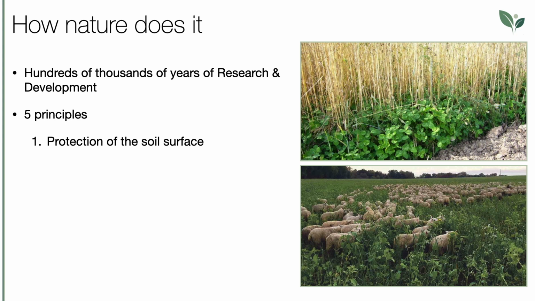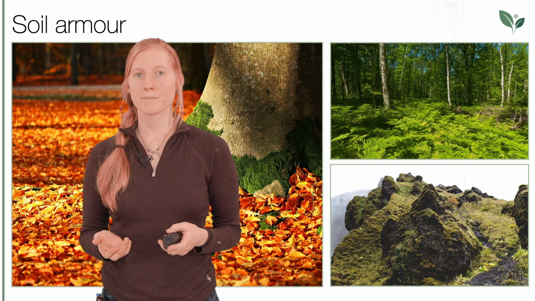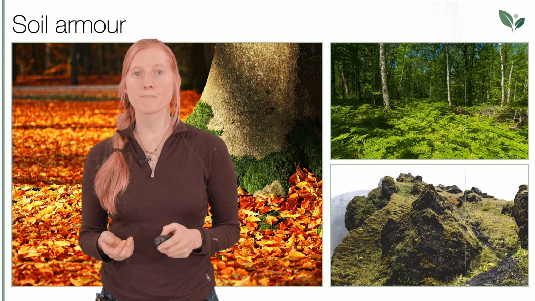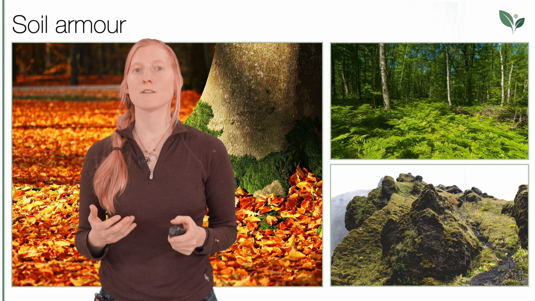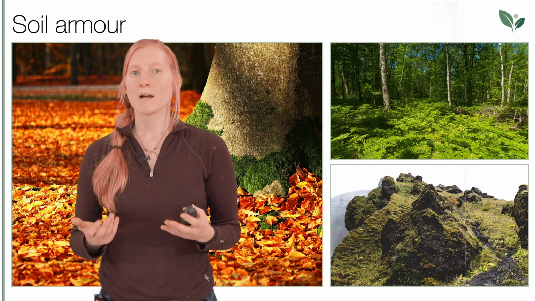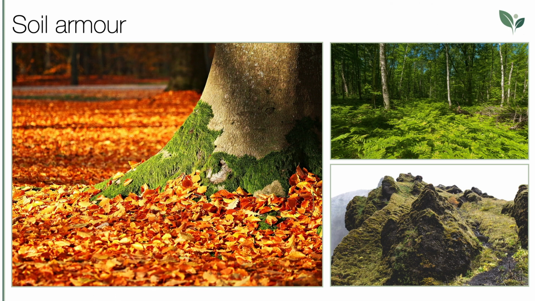There is a saying that goes, the meaning of evolution is to develop beauty in the world. So how does nature do it? It builds up and protects its soils by, for example, the leaves in the forests, or by underground vegetation, or by the mosses and grasses that hold the thin soil layer, hampering wind and rain from washing that incredibly important resource away.